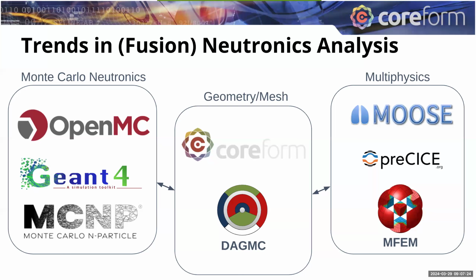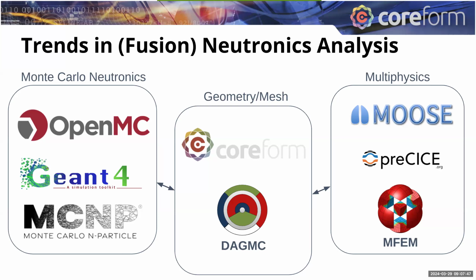So kind of tying this to the set of tools that we use to do this sort of analysis, we might be approaching CAD-based modeling in Neutronics from one side, where we already have a model that's in a native geometry format from any of the codes that DAGMC supports, like the subset I'm showing here: OpenMC, Geant4, or MCNP.